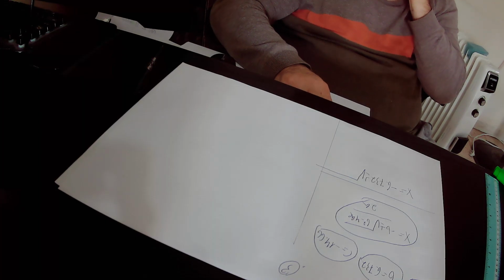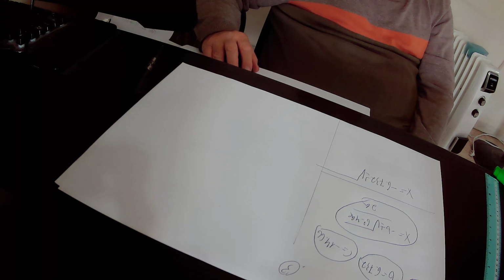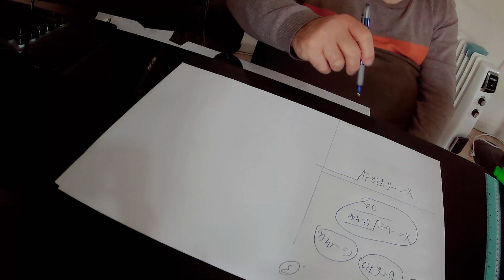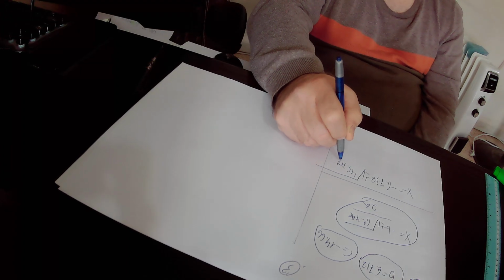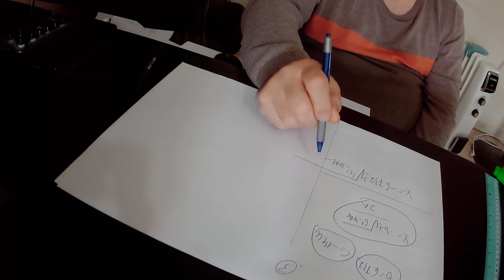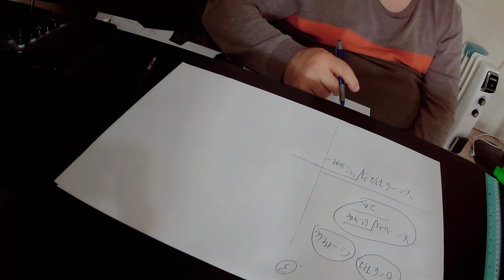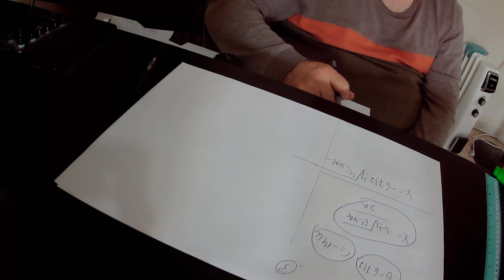B squared is 6.732 squared, which is actually 45.3198, minus 4 times a, which is 1, times c, that is minus 14.66.